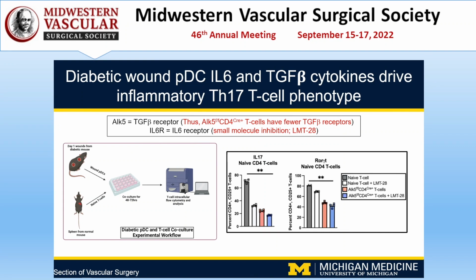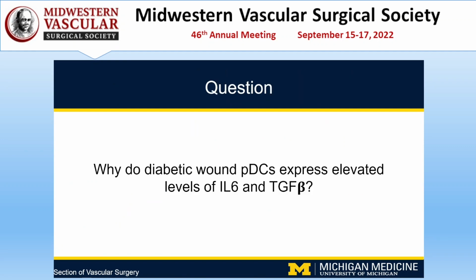But importantly, when you do both, you have the lowest levels of IL-17 and ROR gamma T. So together, this suggests that diabetic wound PDCs are hyperproducing these cytokines that result in these inflammatory T cells. So then the question becomes, why is this occurring?